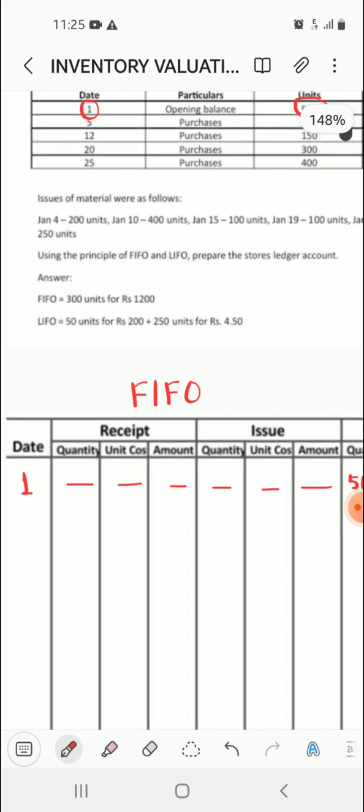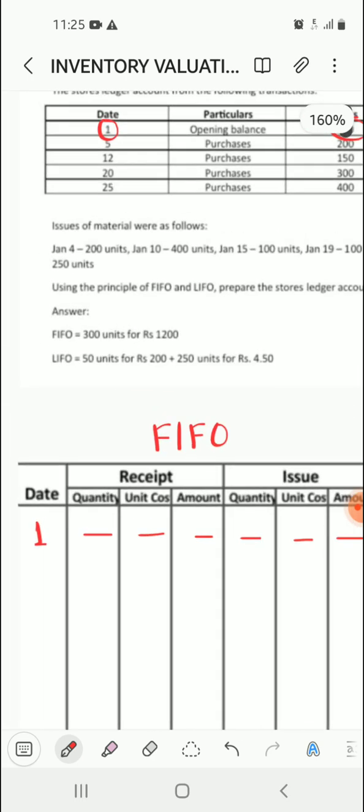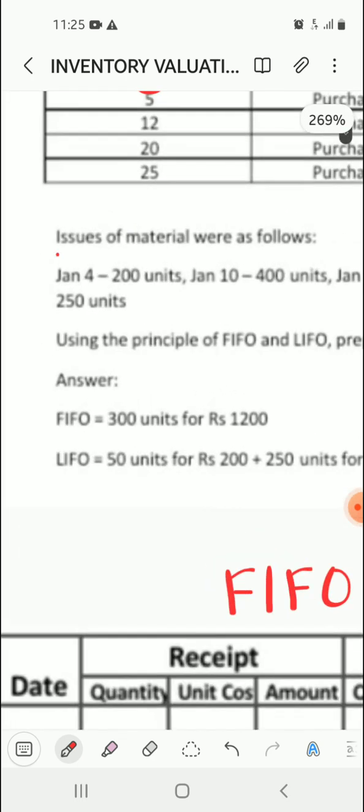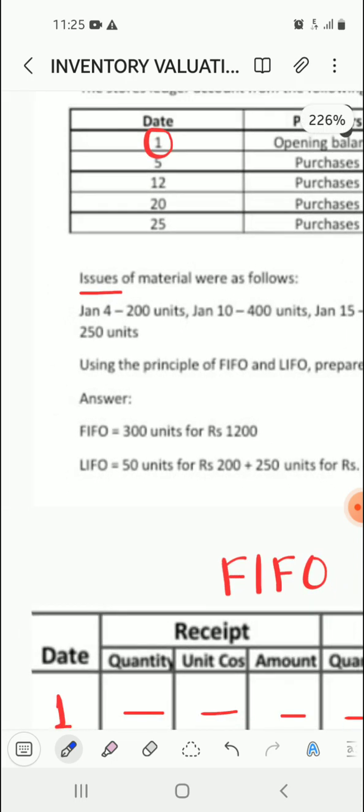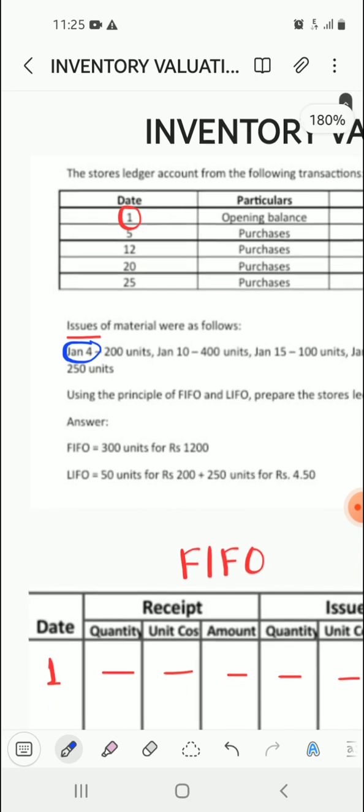Then after this we'll move to the next date. You can see over here issues are given. And the date of issues you're going to write with a blue color, so that we can understand the difference. Issue is on Jan 4 and the purchase is on 5, so Jan 4 comes before.